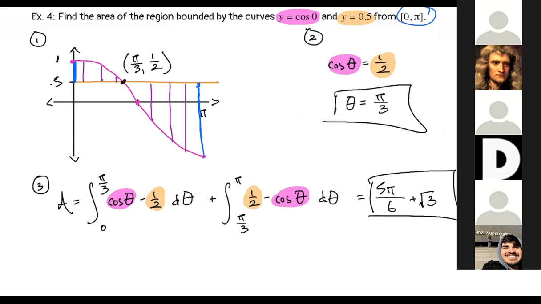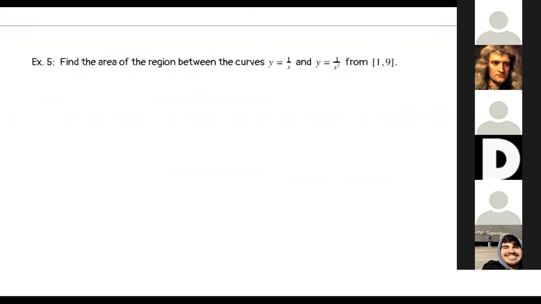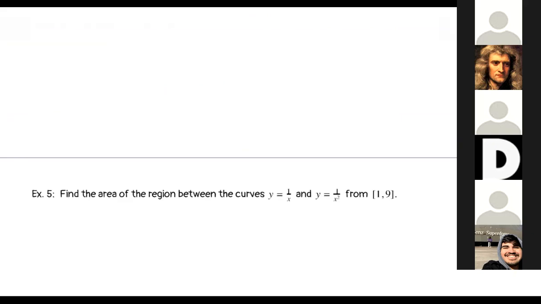All right, so we're going to skip number 5, though I would certainly recommend that you take a look at that later. I will tell you that the answer is 10 over 9 plus natural log of 9.